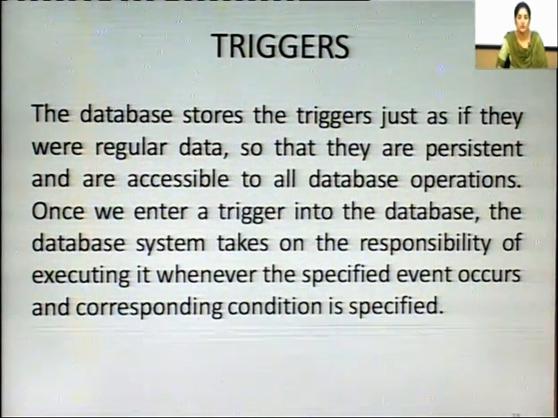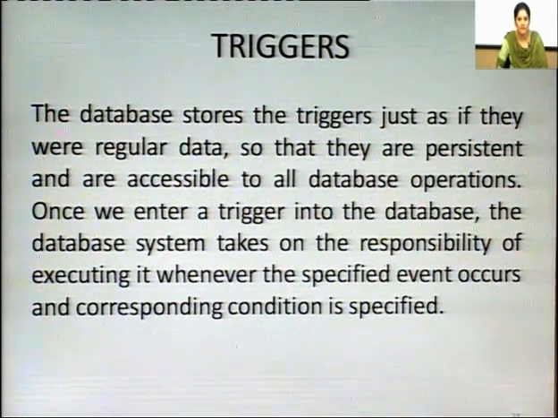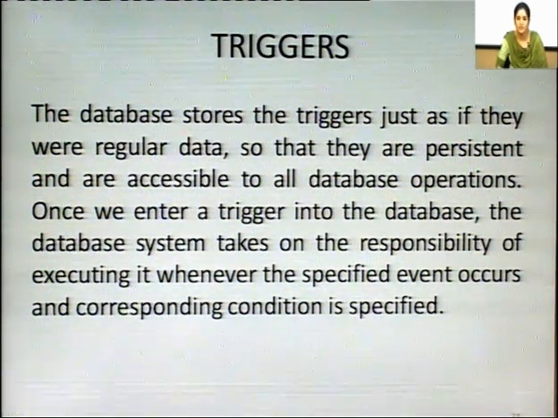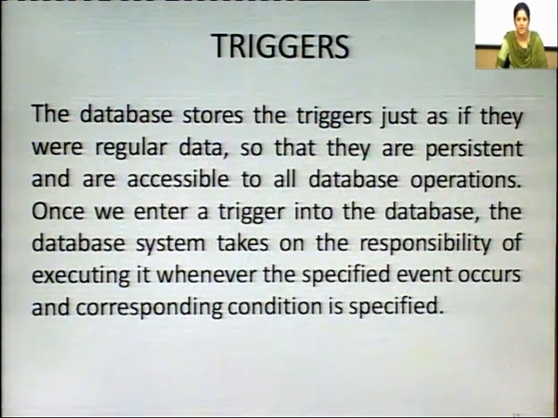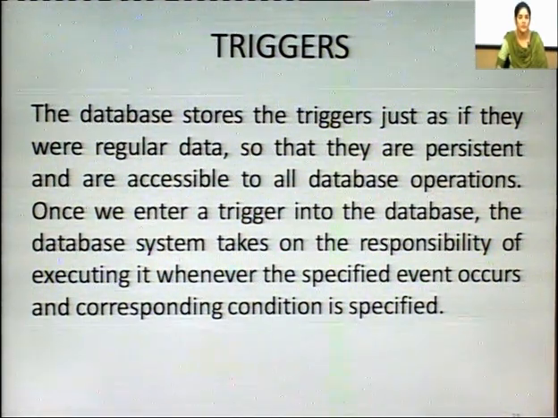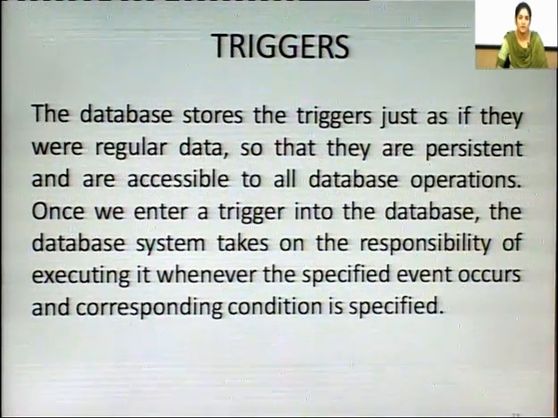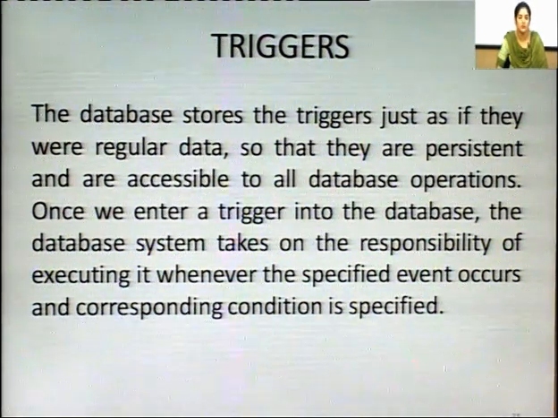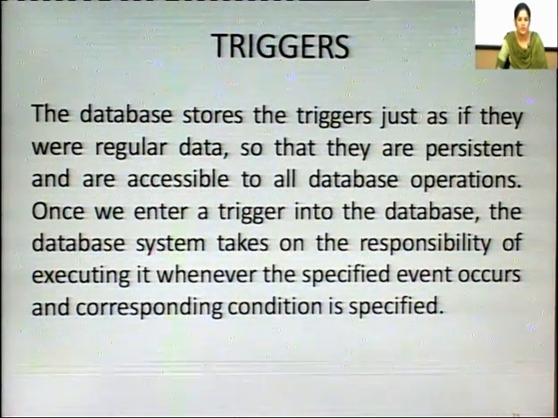The database stores the triggers just as if they were regular data, so that they are persistent and accessible to all database operations. For example, the database will be having a number of tables in it at any given instant of time. The database stores the triggers in a similar manner to the way it stores its tables or relations.